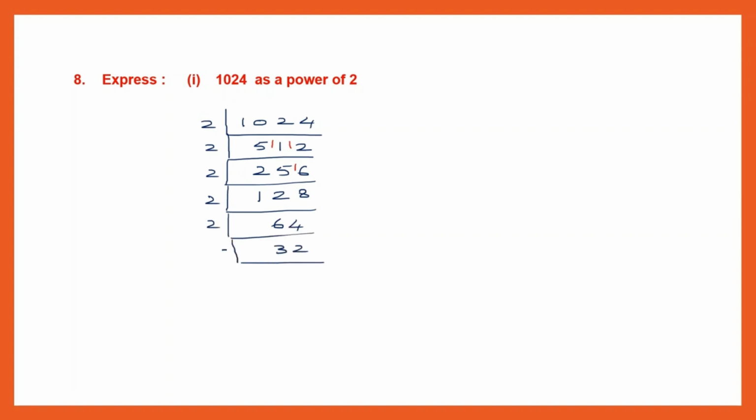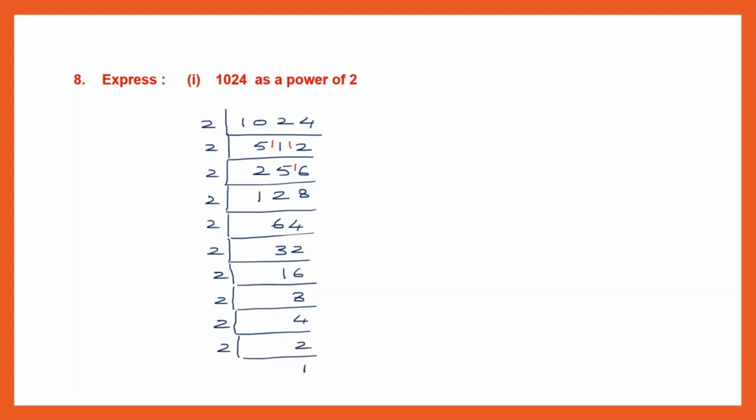Continue again with 2. 2 1s are 2 and there's 1 left here. So that's 12. 2 6s are 12. So that is 16. Then you continue again with 2. 2 8s are 16. Continue. 2 4s are 8. Again we continue with 2. 2 2s are 4. And once more 2 1s are 2.